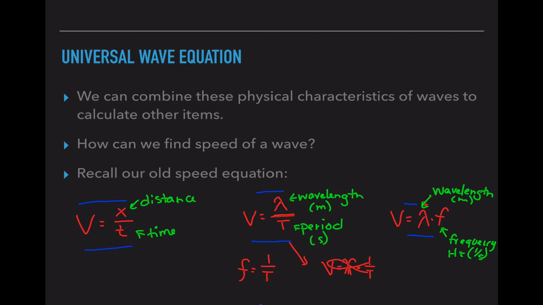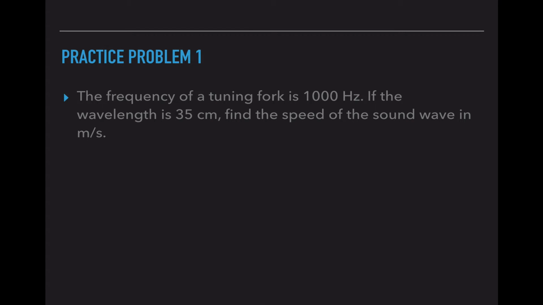So the first example. The frequency of a tuning fork is 1,000 hertz. If the wavelength is 35 centimeters, find the speed of the wave in meters per second. So the first thing I'm going to do is list my knowns and unknowns. They're asking me to solve for the speed, so that's my question mark. They tell me the frequency, which is 1,000 hertz, and they tell me the wavelength, which is 35 centimeters.